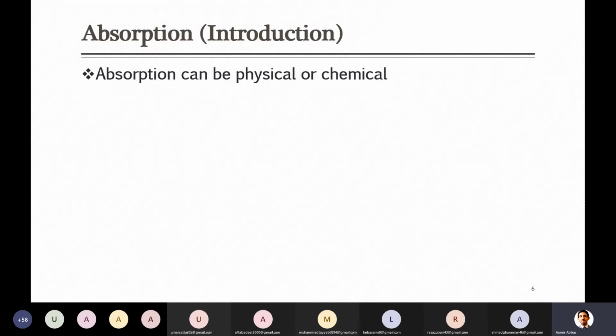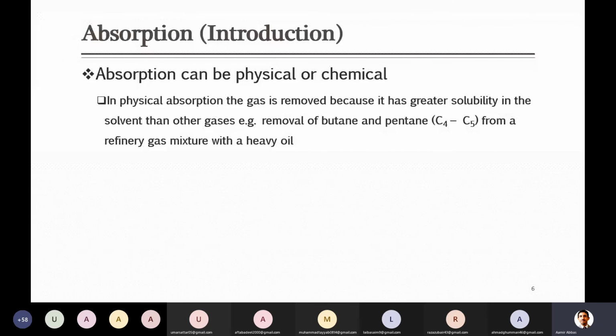Those weak bonding forces can be like hydrogen bonding, dipole moment, and such kinds of weak forces which you studied earlier in FSc or maybe in chemistry courses. So they act here in physical absorption.